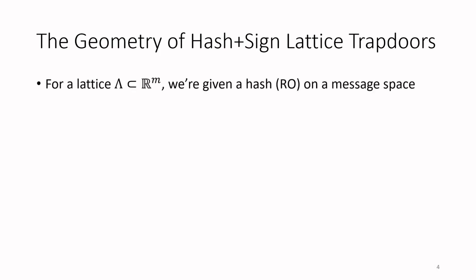So to review, a lattice Lambda is a discrete additive subgroup of Euclidean space, say R^m, and to instantiate this Hash+Sign trapdoor or this digital signature scheme, say that we're given a hash function from a message space to the integer cosets of the lattice. Let's just assume that this lattice is full rank, so its dimensions fill the whole space, and also that this lattice is integral. That means it has integer entries.